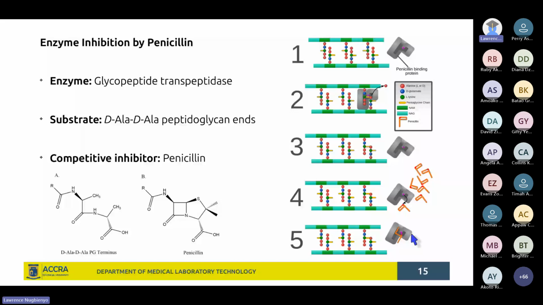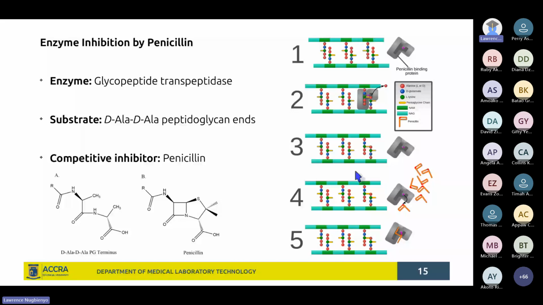All right, so the enzyme which is being inhibited, glycopeptide transpeptidase, has as substrate these peptidoglycans, the ends that are being targeted. And the inhibitor is the penicillin, which is doing that inhibition there.